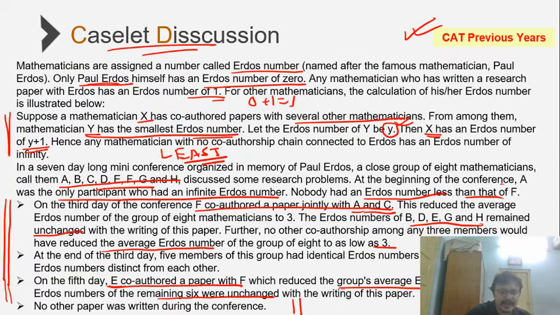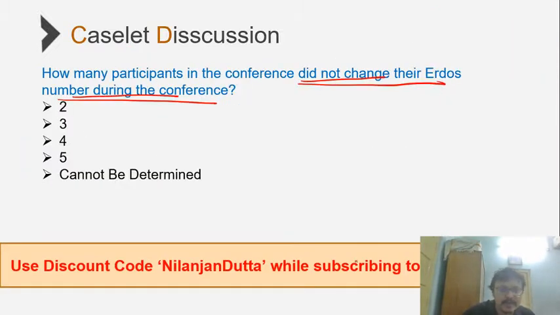The one above that is E quartered with F, reduced the group's average by 0.5, that is 3 to 2.5. Second one, how many participants did not change the order of number during the conference?